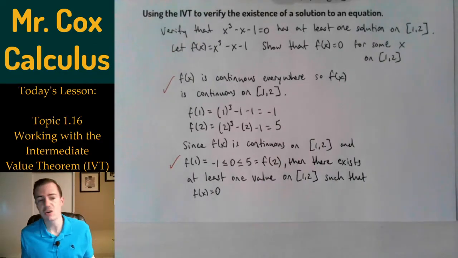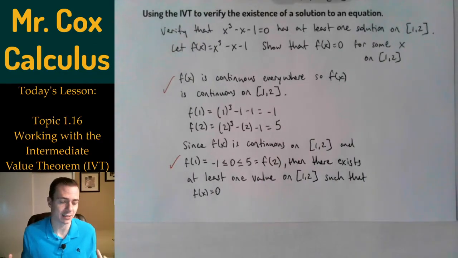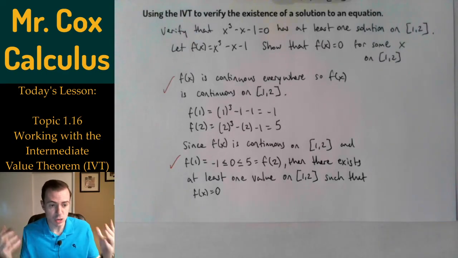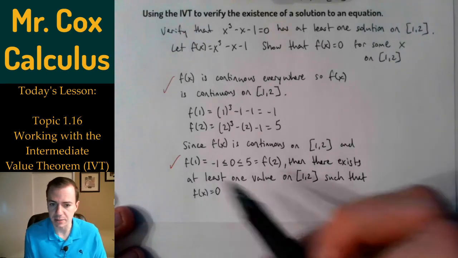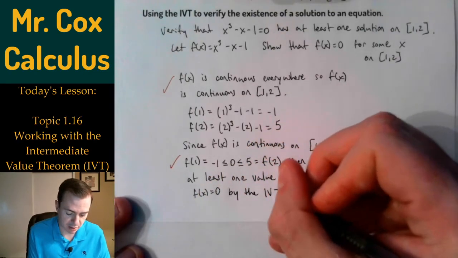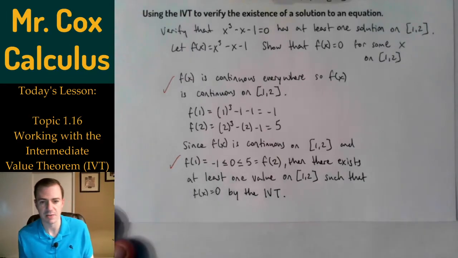And this is a theorem you need to cite, especially moving forward. So this is a name you need to know, and you can abbreviate it, but you do need to cite it: by the IVT, the intermediate value theorem.